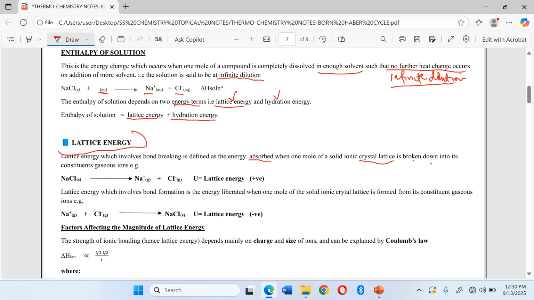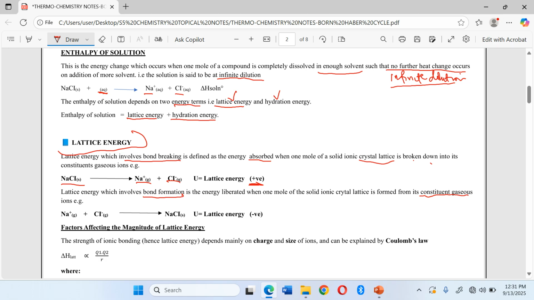So here we have 2 definitions. The one which involves bond breaking, where the solid breaks into its gaseous ions, we call lattice energy, which is positive. Then the one which involves bond formation is the energy liberated when 1 mole of a solid ionic lattice is formed from its constituent gaseous ions.